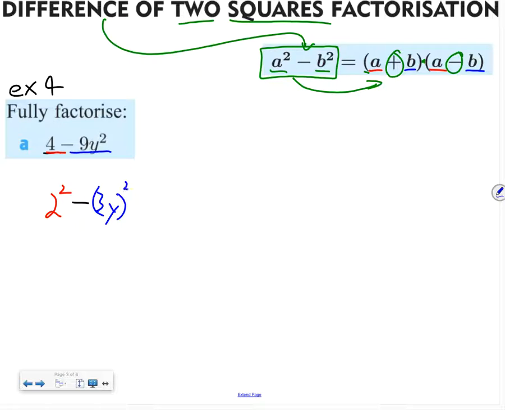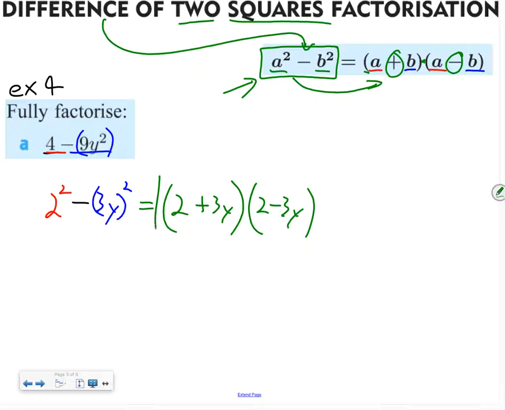Put it in parentheses because that's the square root of that entire term. I know that the quantity 3y squared is 9y squared. So now, using my rule up here, I know that this will simplify into 2 plus 3y and 2 minus 3y. And that's my fully factorized form.